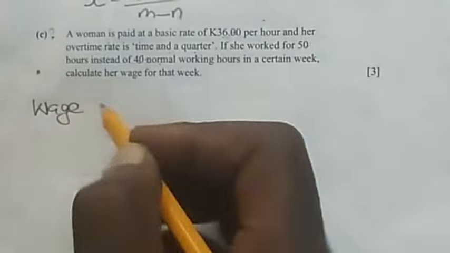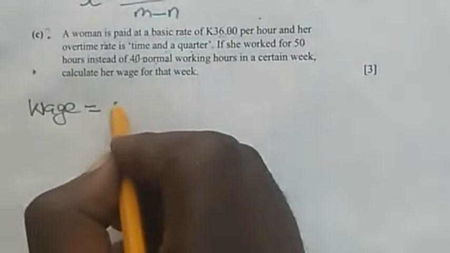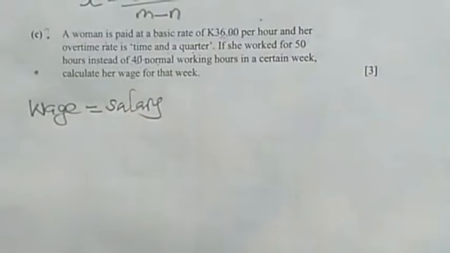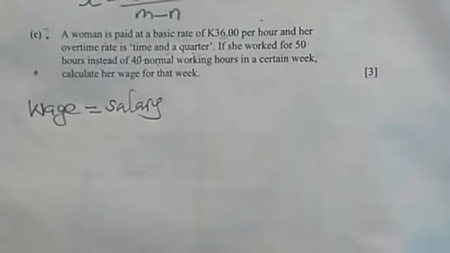Her wage will be equal to the basic salary, the amount she gets without allowances. These could be overtime allowances, and so on. Those are called allowances, so overtime is also an allowance.